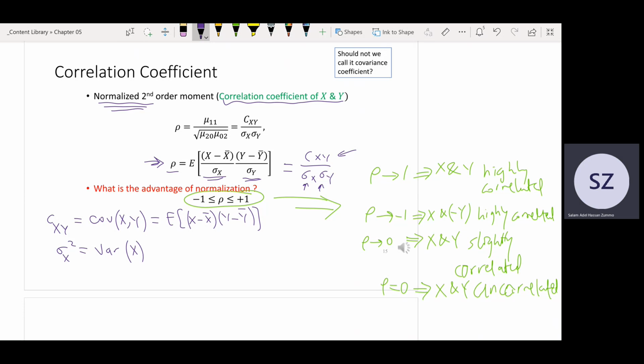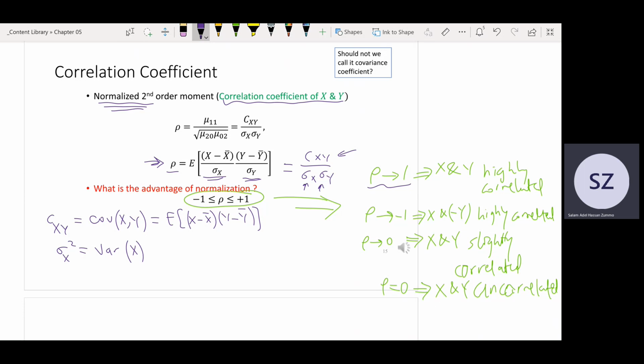If the two random variables are highly correlated, you will be close to 1. In this case, they move together. If random variable x is large, usually you'll find that random variable y will also be large most of the time.